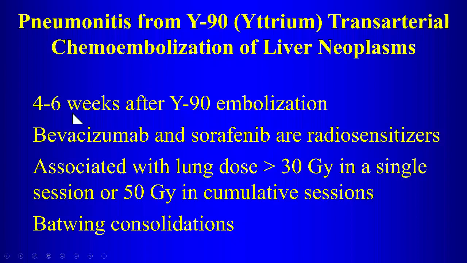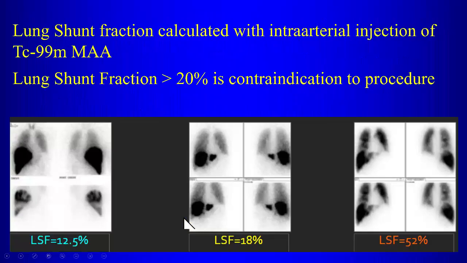Y90 pneumonitis occurs 4 to 6 weeks after Y90 embolization. Radiosensitizing drugs can of course make the patient more susceptible, and it's associated with lung dose greater than 30 gray. It tends to give you these bat wing type of perihilar consolidations.